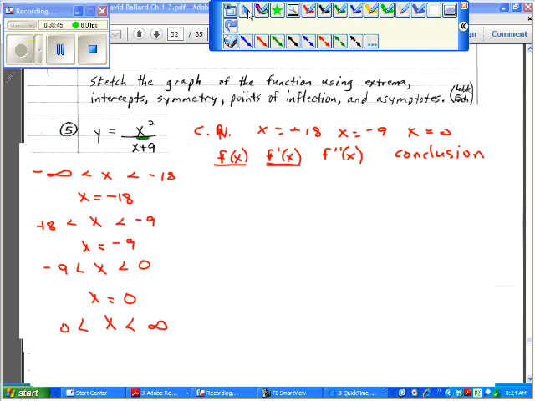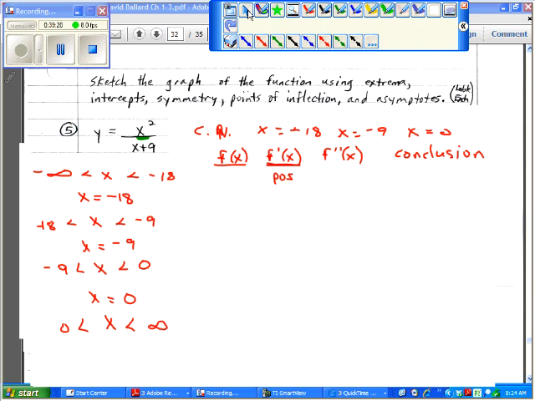If we plug it in, you end up getting a positive over a positive, which is positive. Okay? And you can just plug the numbers in. You know how to do that. Go back to your first derivative, plug in something that's within that interval. I chose negative 20 because it's between negative infinity and negative 18. I ended up with a positive over a positive, which is positive. Okay, and then when we plug in the negative 18, we'll do that in just a moment to get an exact point.